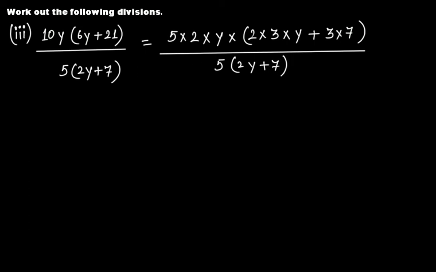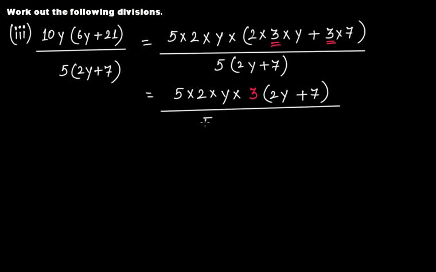Now this is 5 multiplied by 2 multiplied by y and multiplied by this 3 in this term, and the 3 in this term is common. So take this out, you get 3, and then multiplied by 2y plus 7, and in the denominator you have 5 multiplied by 2y plus 7.